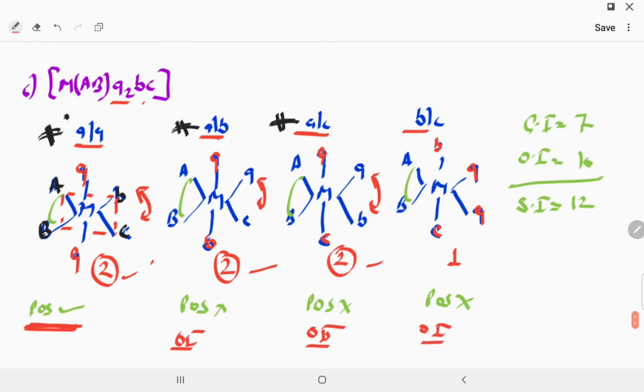And this is having a 2, this is having a 2, so we can say total geometrical are 7 because this is 2, this is 2, this is 2. After the reverse of B and C, A and C, and A and B, so total geometrical 7, but optical are 10. Okay, optical are 10.